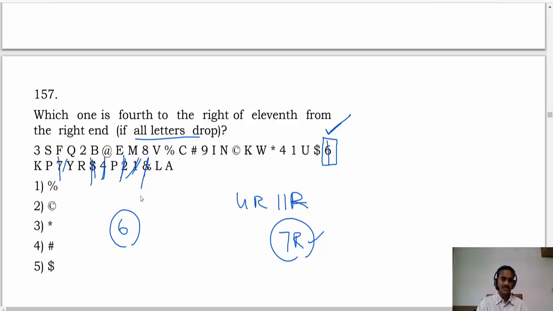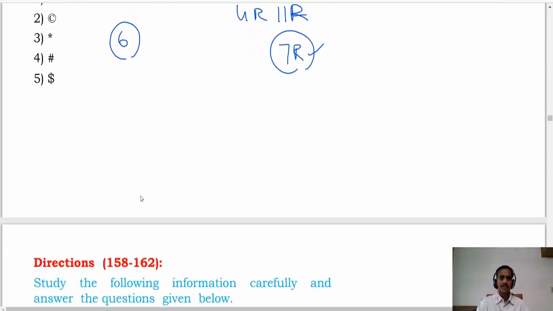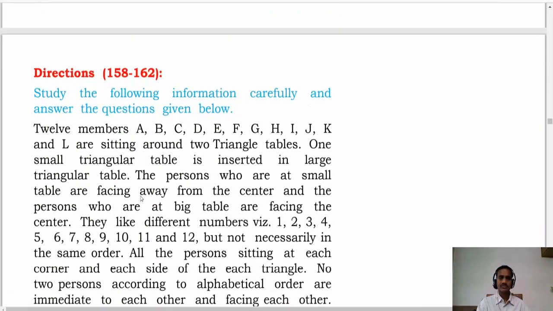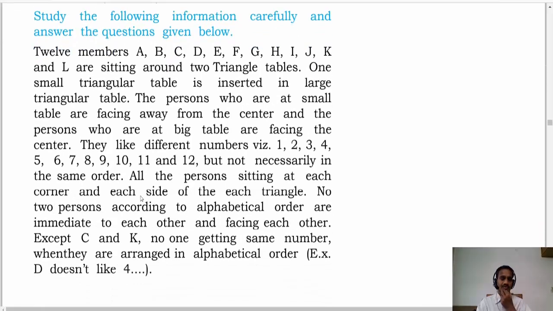Next one. After this 157. Now in this 158 to 162, what is the information we have? Now there are some 12 members. And 12 members are there.